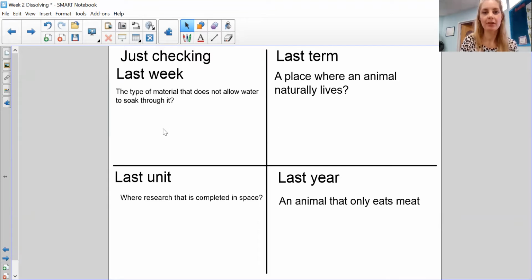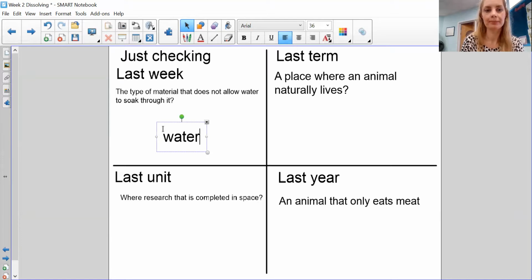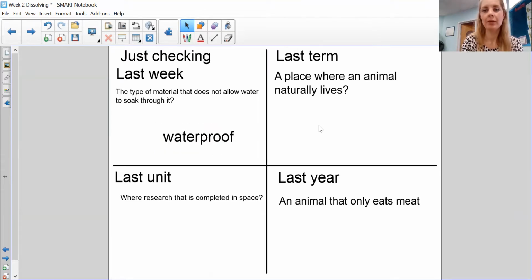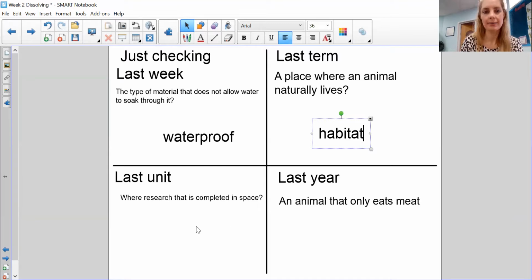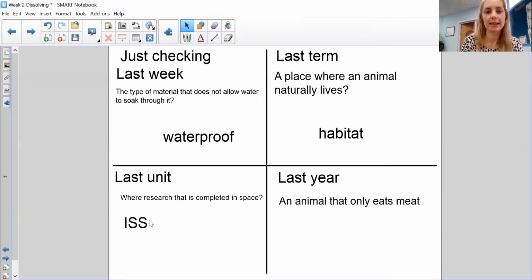Okay, so a type of material that does not allow water to soak through it is going to be waterproof. A place where an animal naturally lives is called a habitat. The ISS is the International Space Station, where research is completed in space, okay?